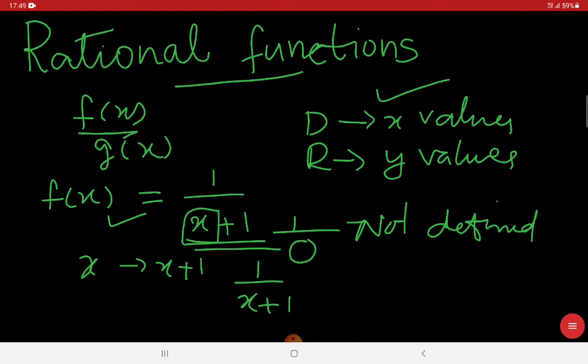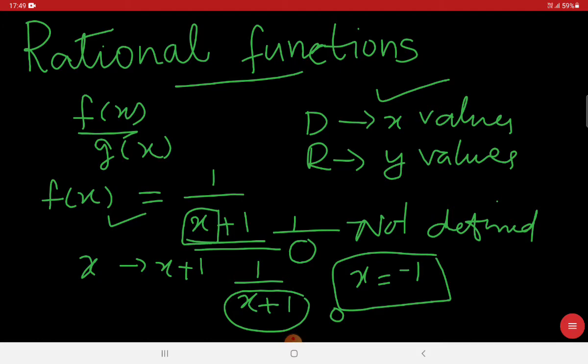Except for one value. That is, if x is equal to -1, then the denominator becomes 0. So we have to avoid such a value of x. So x can be any real number other than -1.